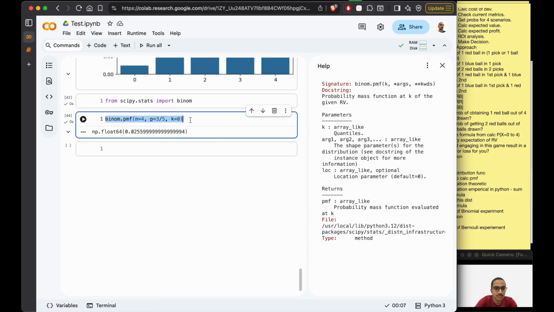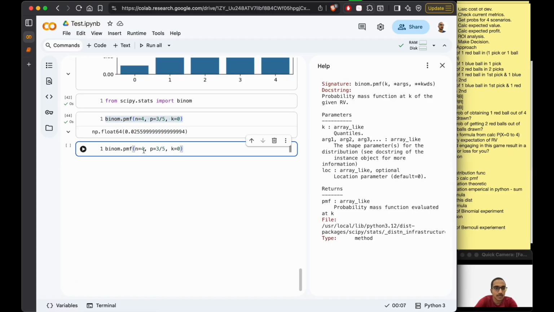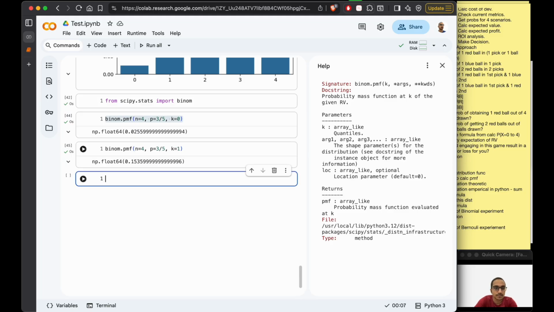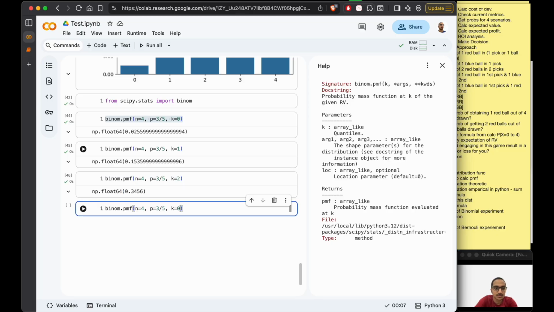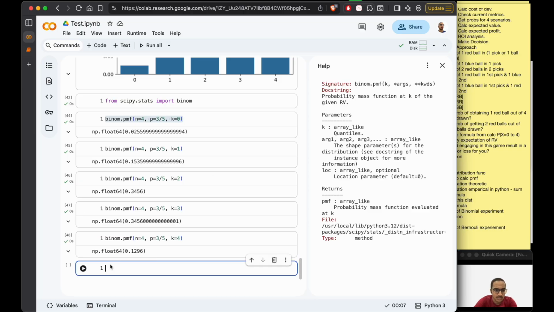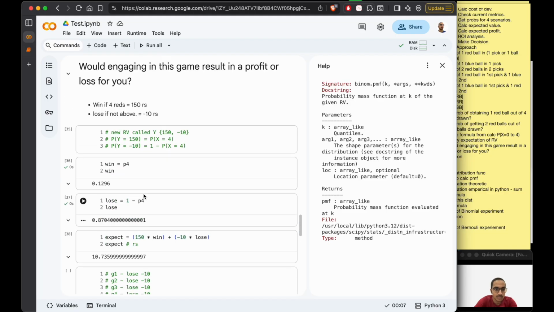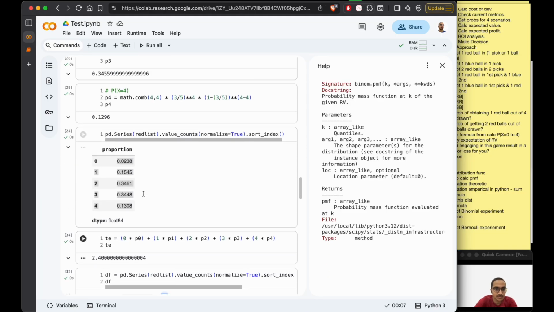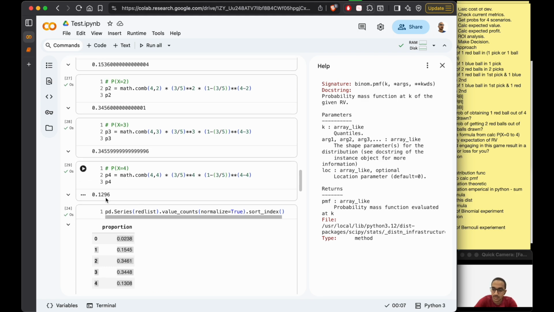And we can do the same for k is 1, 2, 3, and 4. Let's compare k is 4. We have 0.1296. What is k4 here? 0.1296, right?